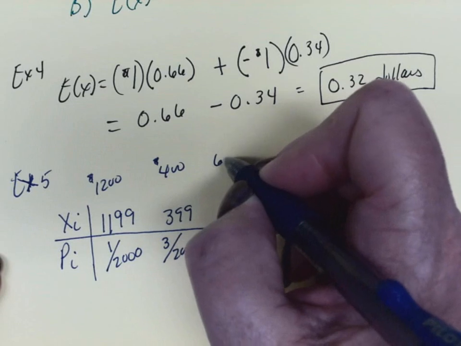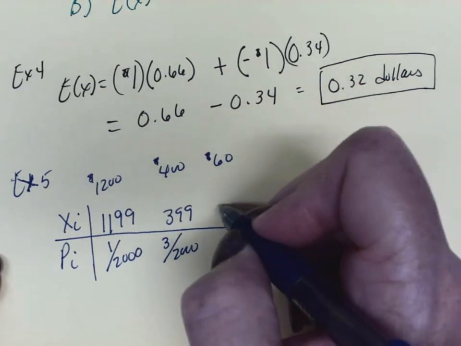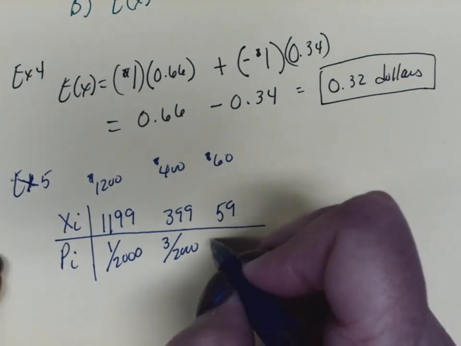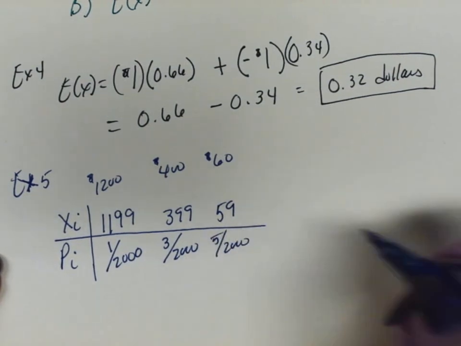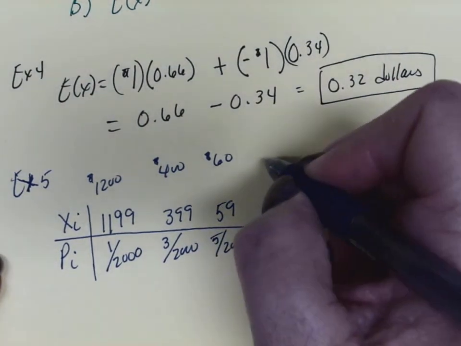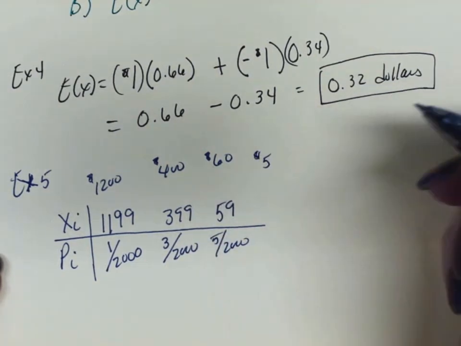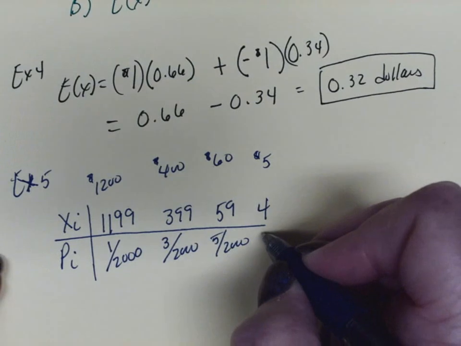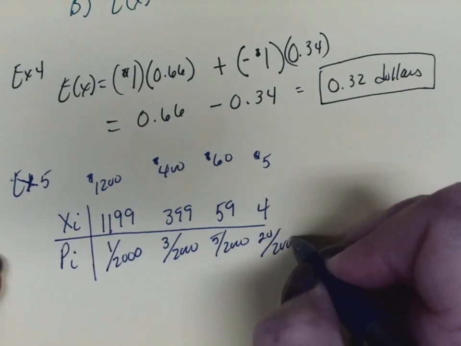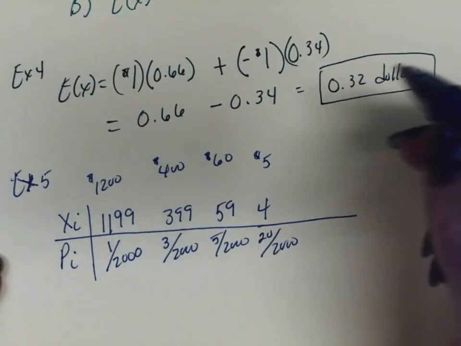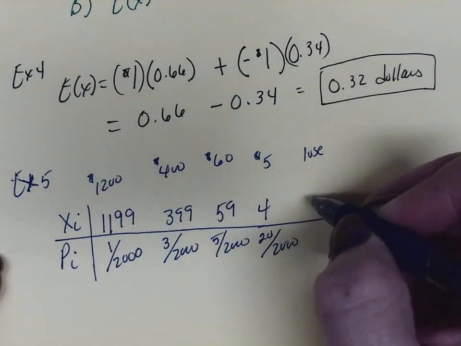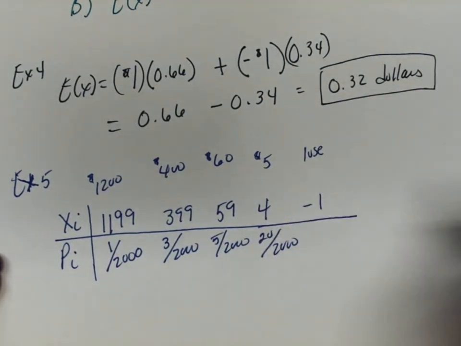For the $60 ticket, we would have a win of $59, and there were 5 of those out of the 2,000. For the $5 ticket, we would have a winning of 4, and there were 20 of those out of the 2,000. But then what if we just lose? We don't win anything? That would be a negative $1 value.